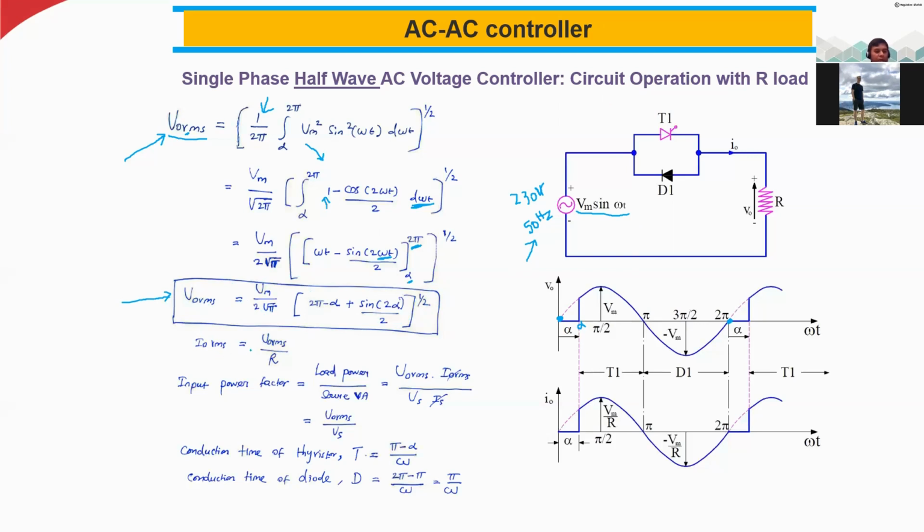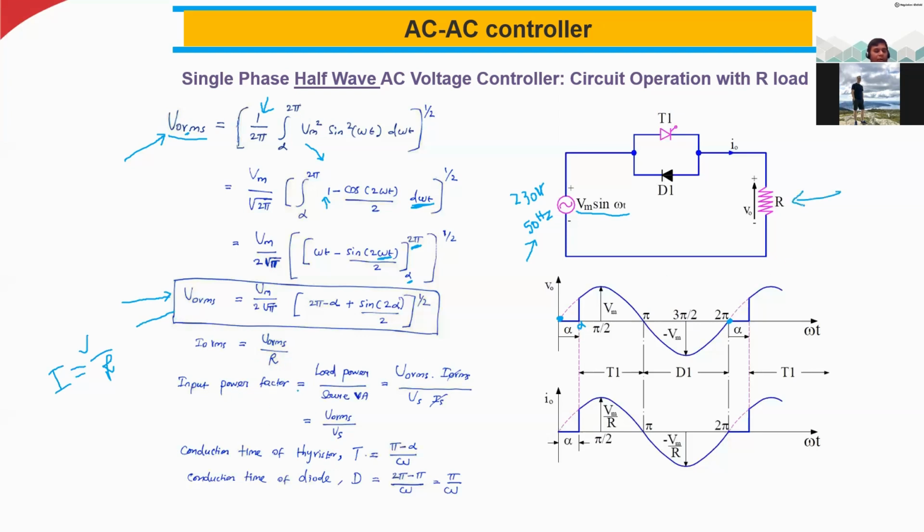And I_O RMS is equal to V divided by R. So simple Ohm's law. I_O RMS, the RMS value of the output current, is equal to V_O RMS divided by R. Once you find V_O RMS, you can use this formula divided by this resistor value.